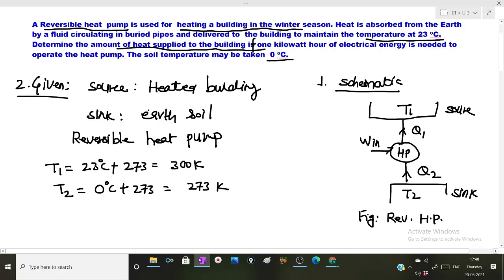Now the heat supplied to the building if 1 kilowatt hour of electrical energy is needed. This 1 kilowatt hour of electrical energy needed is nothing but the work input to this pump. If I convert this into kilojoules, it is kilojoule per second times 1 hour, which is 3600 seconds. The seconds will get cancelled.